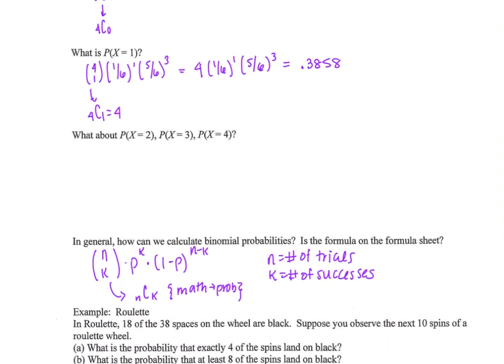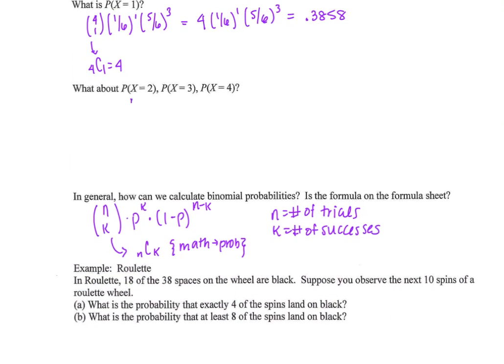And I could keep going and going for each of these, right? I would just do 4 choose 2, 1/6 squared, 5/6 squared, or I could do 4 choose 3, 1/6 to the 3rd, 5/6 to the 1, and I could do 4 choose 4, 1/6 to the 4th, 5/6 to the 0, right? I could just keep going.